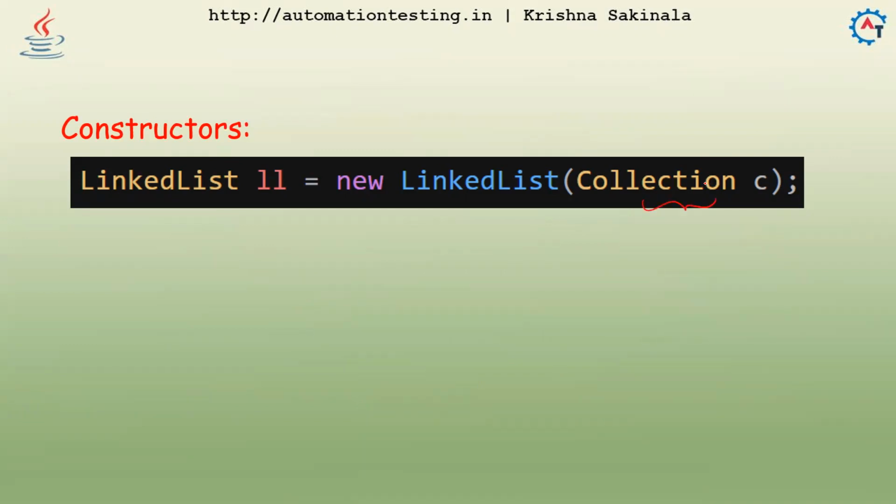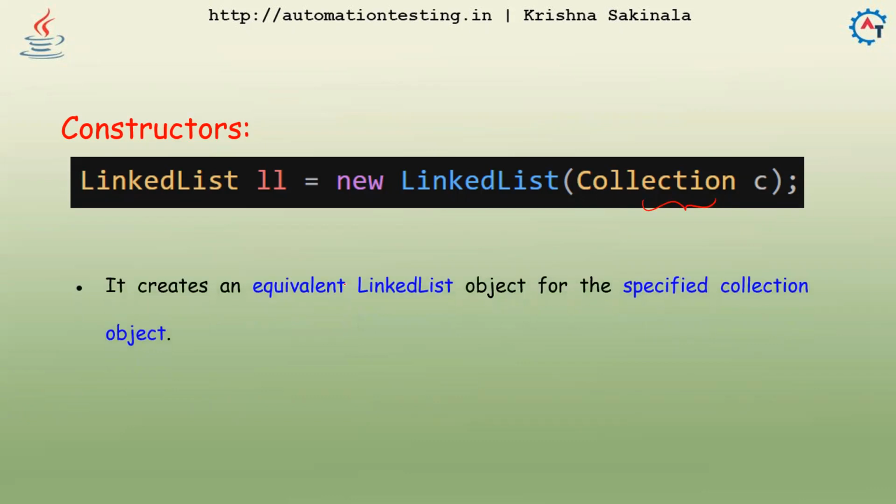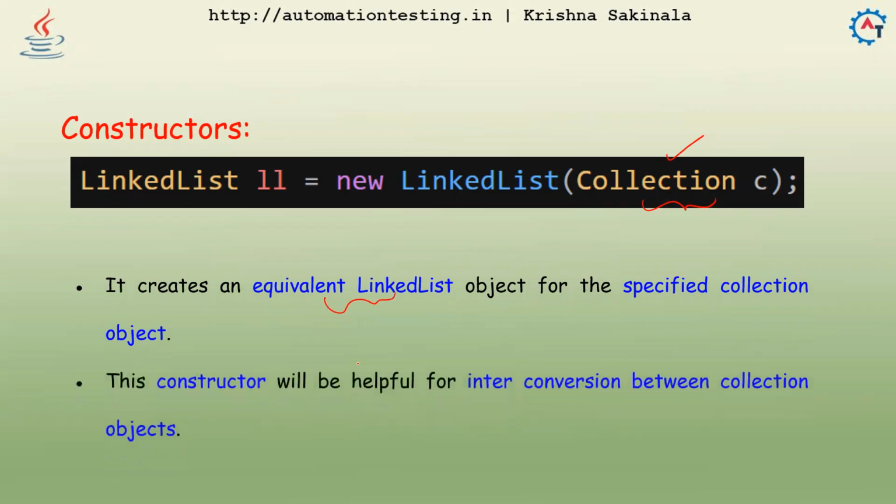You can pass any collection. It creates an equivalent linked list object for the specified collection object. This constructor will be helpful for interconversion between collection objects. If you want to convert an array list to a linked list or something else to a linked list, then you can use this. This is another constructor.